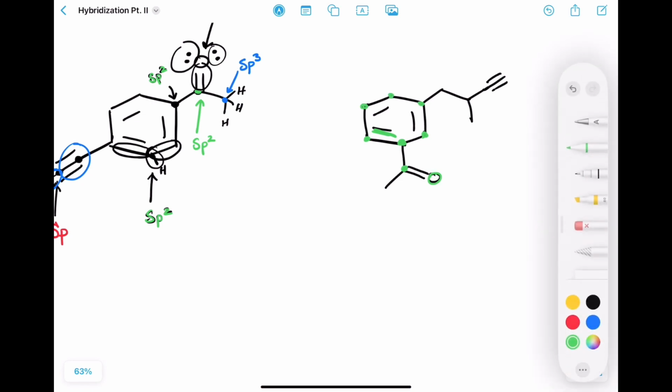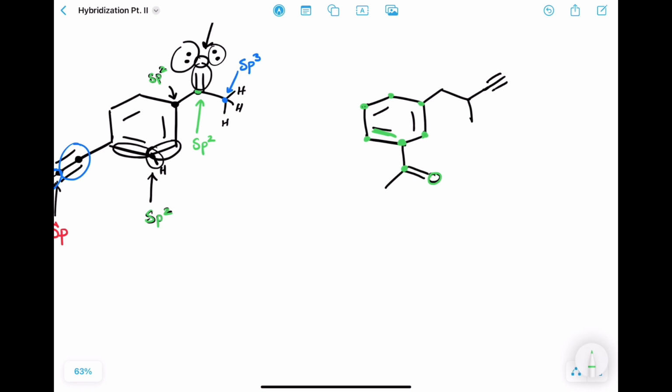All of these have double bonds attached to them. So if we slow down a bit, not get too excited like I just did, this has a double bond. Here's the double bond that it's connected to. So does this. Anything with a double bond is going to be sp2.